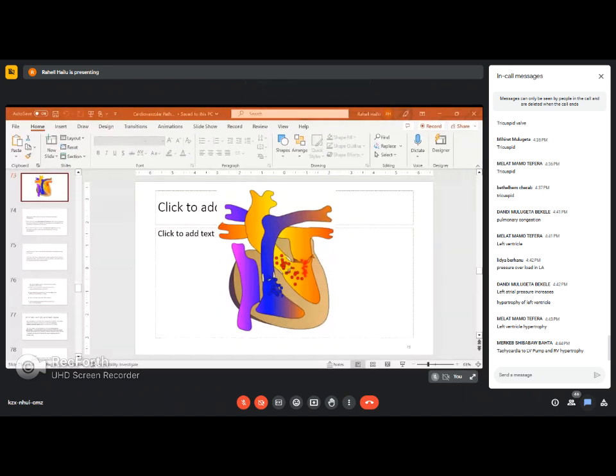I'm confused. Are we talking about the regurgitative lesion or the stenotic lesion? Stenotic lesion, which side of the heart would you expect the hypertrophy in for mitral stenosis?